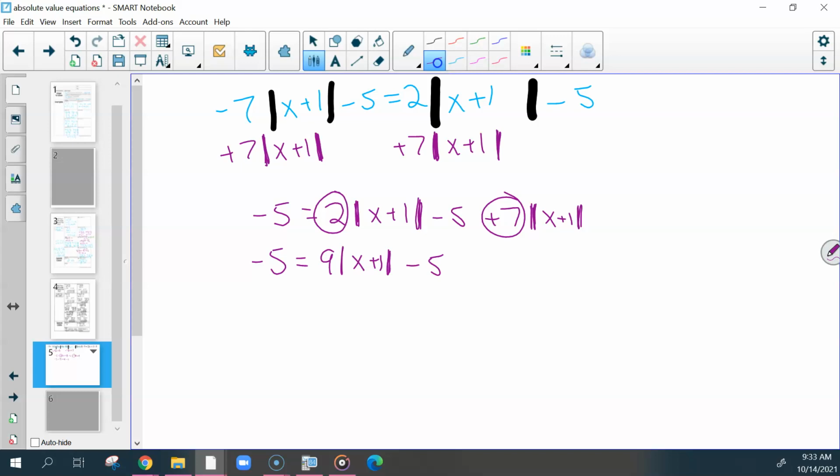And then it makes it easier to solve. But anytime you see problems like this, you'll have to get them on the same side, combine like terms, and then continue to solve.